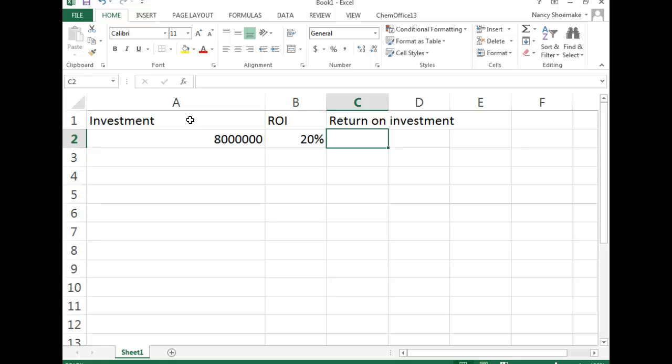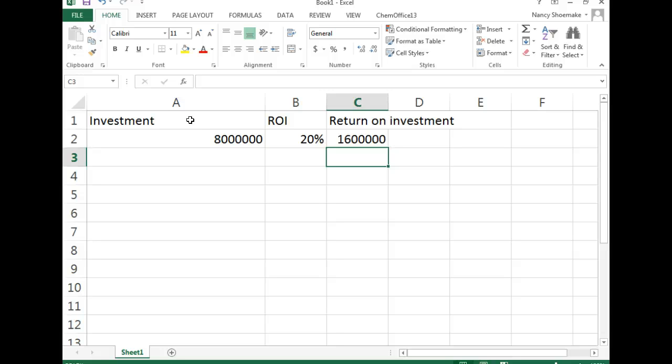$8 million times 20%? $8 million times 20% is $1,600,000. Great, $1,600,000.